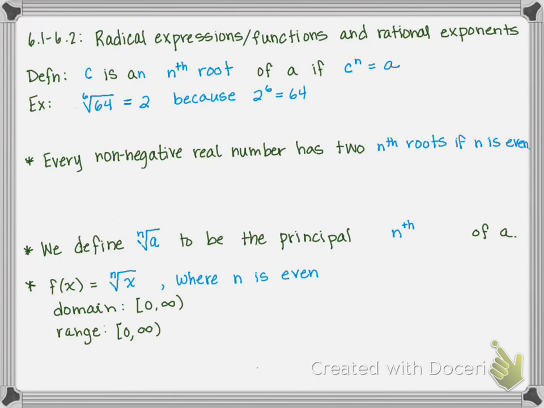So technically speaking, the square root would be written like that. It has index 2. We call n the index of the radical.